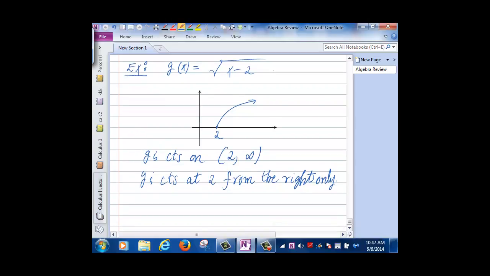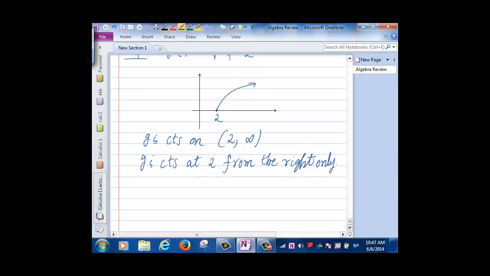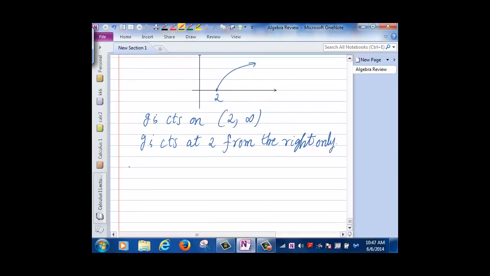Here's another example with root functions. Let's say I have the function h of x, which is 1 minus the root of 1 minus x squared. First of all, let's determine where this function is defined.